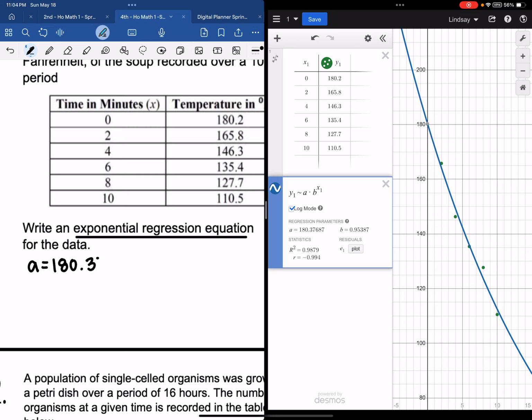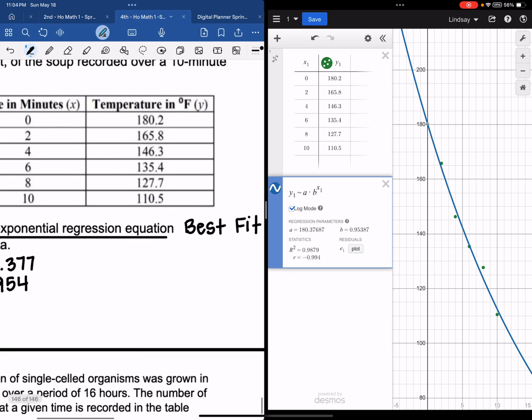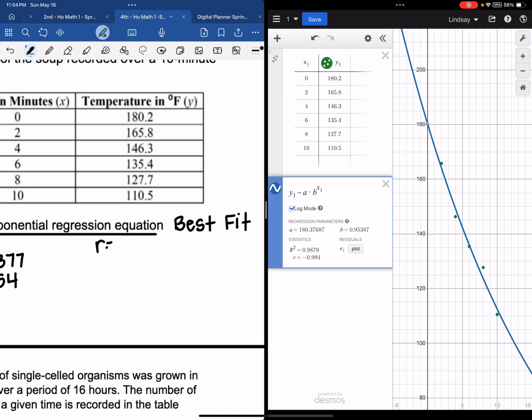The value that it gave us for A was 180.7 or 377, and then it gave me B, and B was 0.954. Now, if you notice, if we're looking at our R value, our correlation coefficient, it was negative 0.994. So it is going down, and it is a pretty good fit.